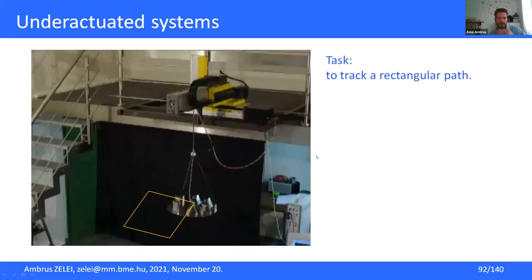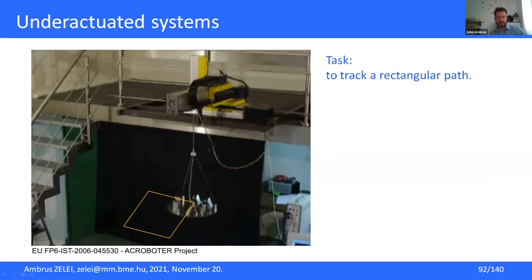Let's see an animation of a similar problem, but in 3 dimensions. Here there is a simple robot with a so-called swinging unit which hangs down from a cable, and this is the unit which carries out the tasks of the robot. It must follow the prescribed trajectory in a precise way.